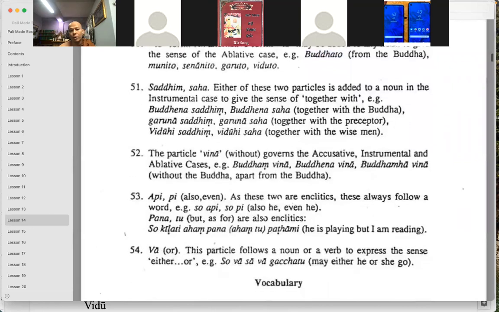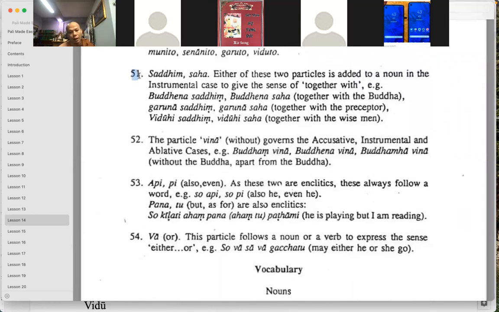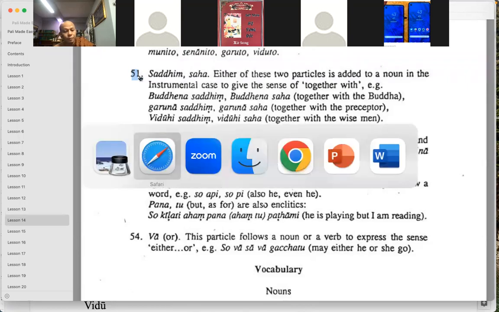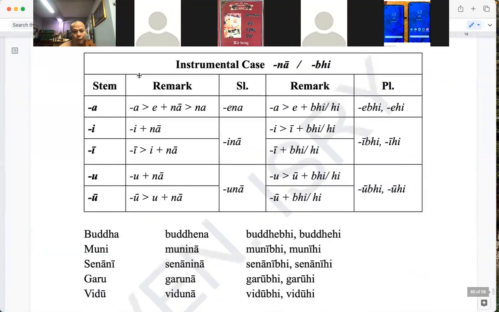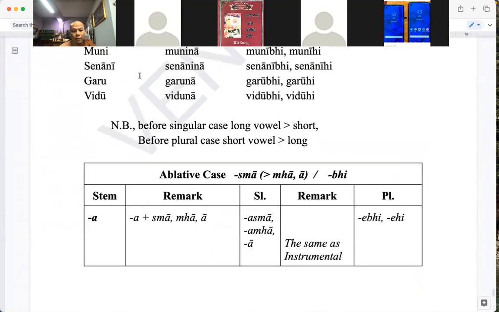And also in paragraph number 51, some particles: here Saddhim or Saha should be under the instrumental case.